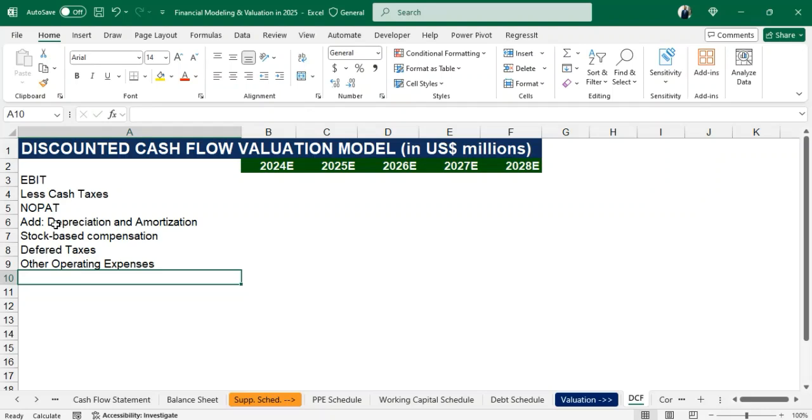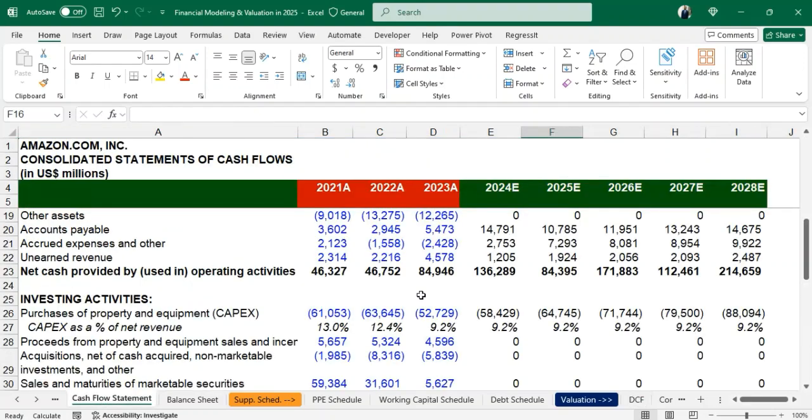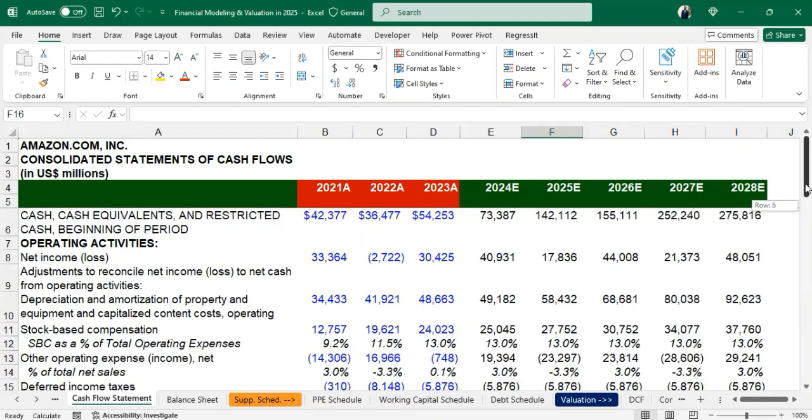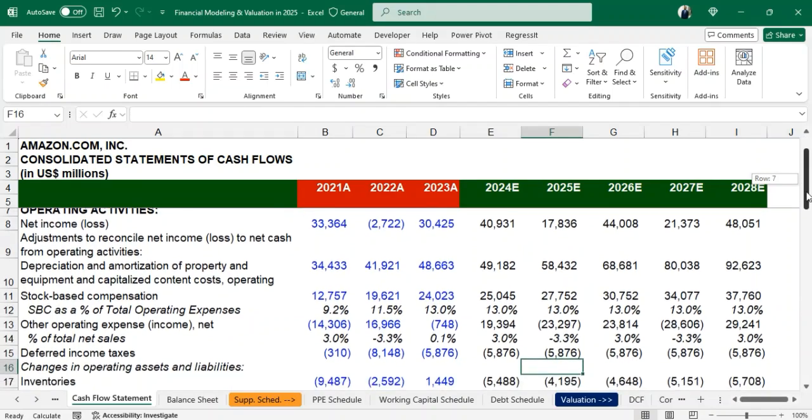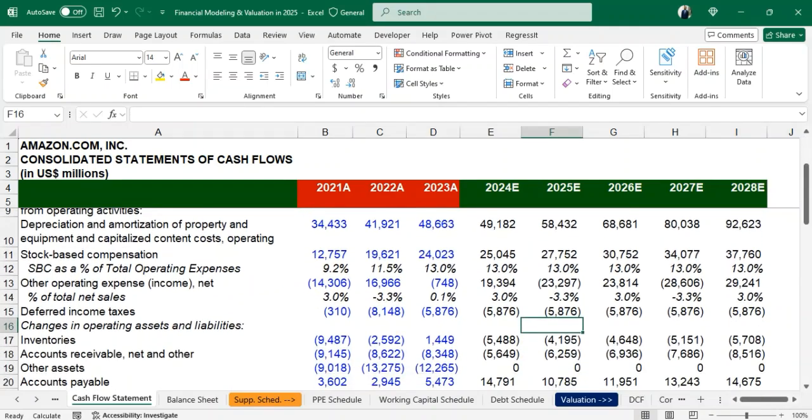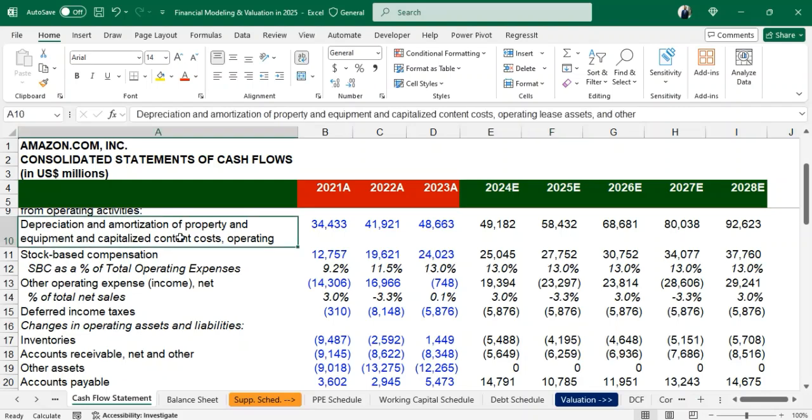Now, this is very simple. If you pick any financial statement, go to the cash flow statement, within the cash flow statement of Amazon. The cash flow statement has operating activities. When you look at the operating activities, you will see our non-cash items. These include depreciation and amortization, as you can see here.